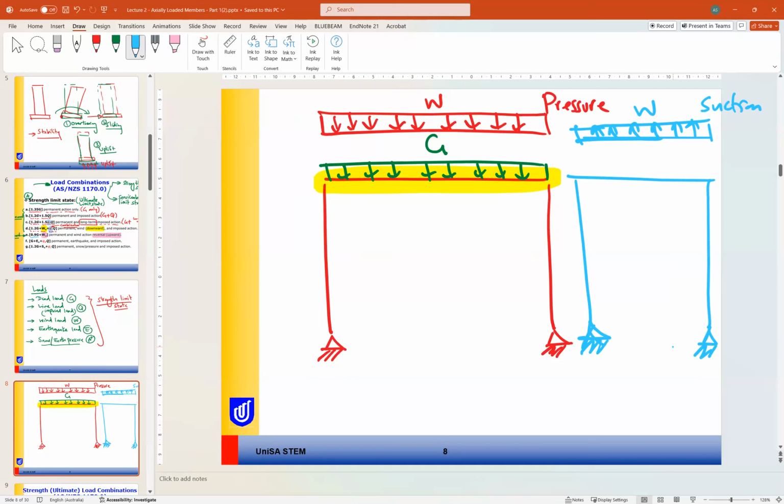In this case, let's just... we have a technical issue. In this case, we don't take the whole dead load applied. Can you give me a second, guys?